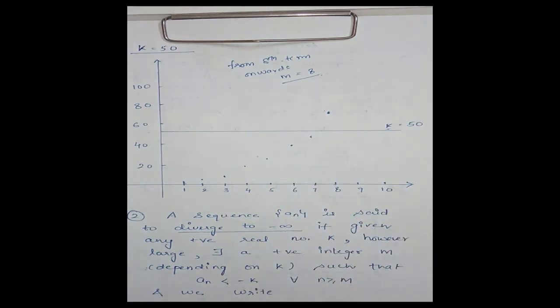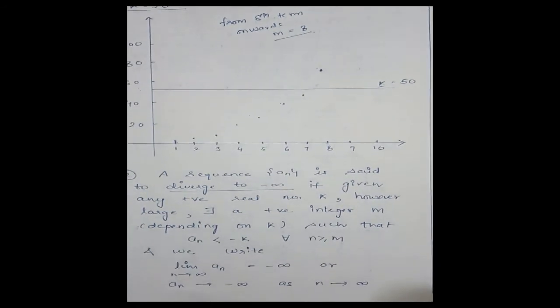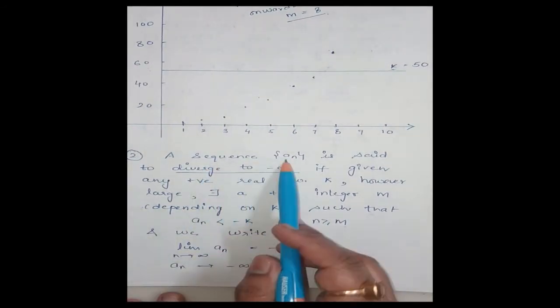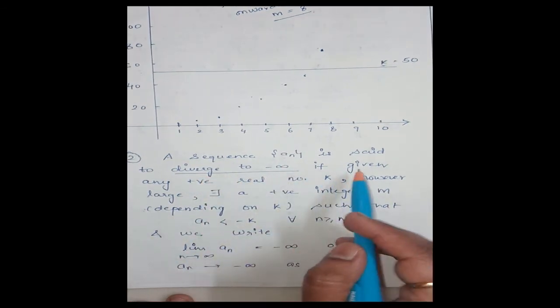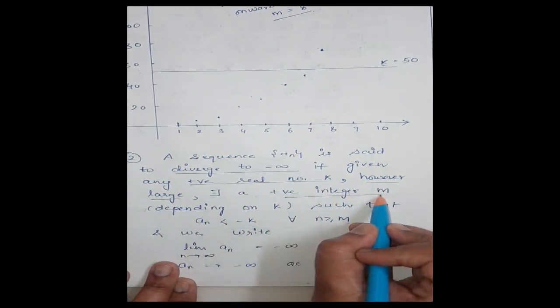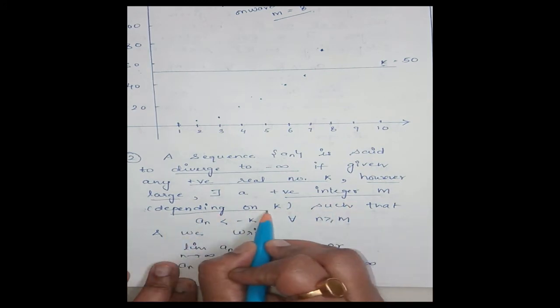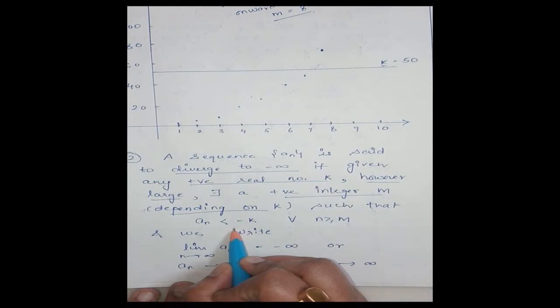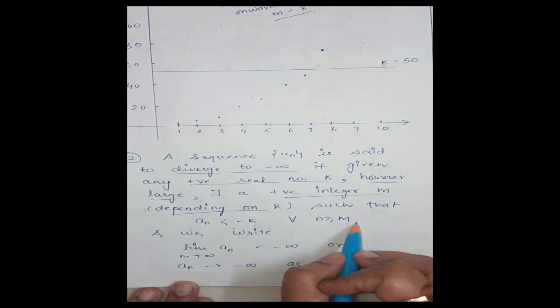Clear? Next is diverges to minus infinity. Next definition: a sequence an is said to diverge to minus infinity if, given any positive real number k, however large, there exists a positive integer m, which again depends on k, such that an is less than minus k for all n greater than or equal to m.